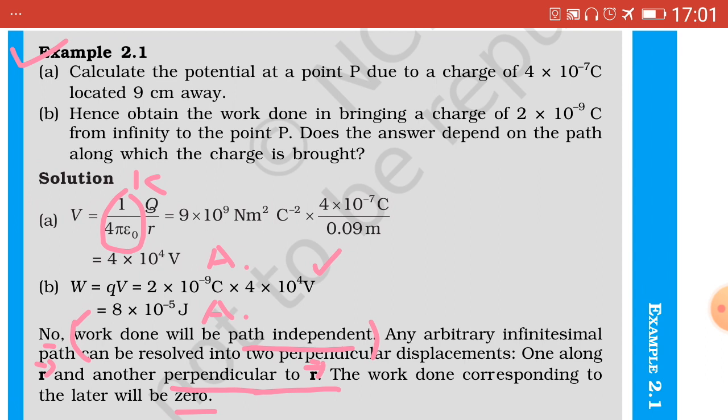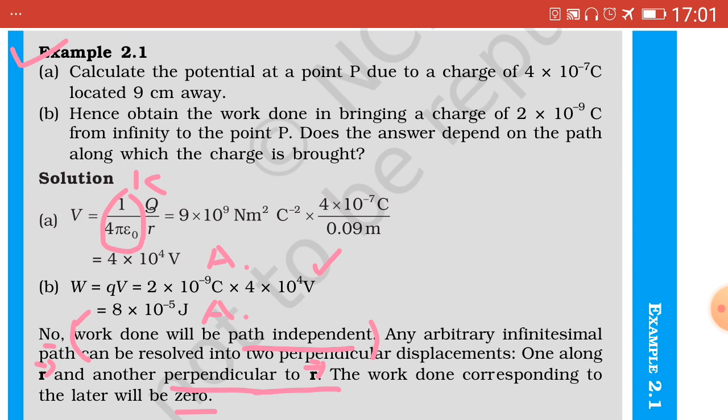Here small q value is 2 × 10^-9 coulomb. V value is not given, but it comes from the answer of A part. Now the formula for work done, W equal to QV, comes from the definition of electrostatic potential, which we have seen earlier.